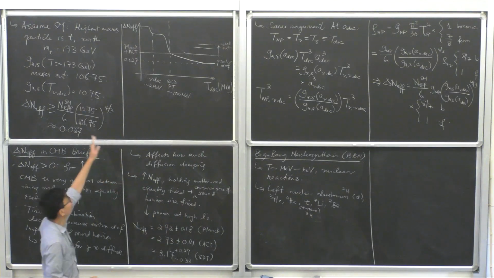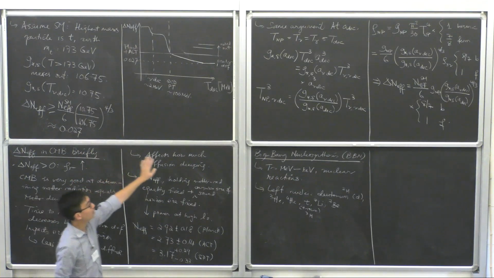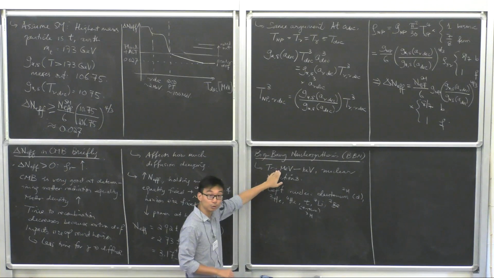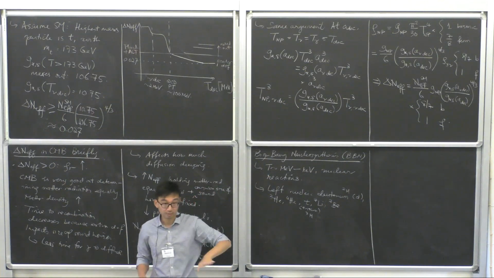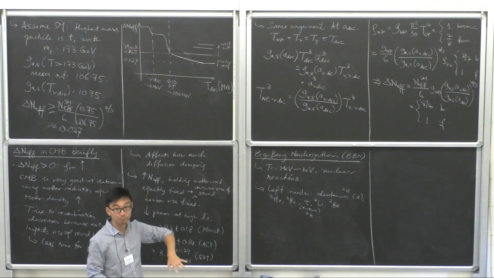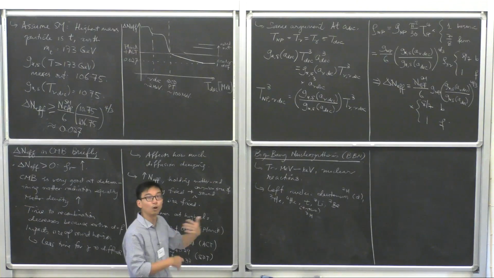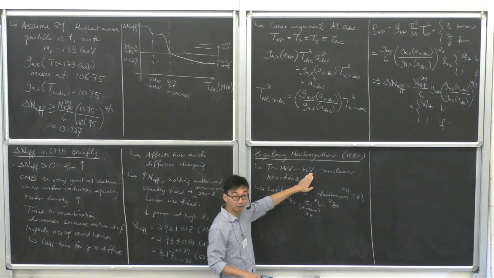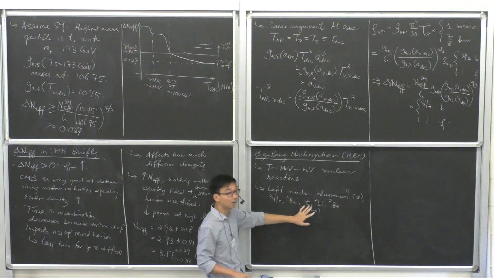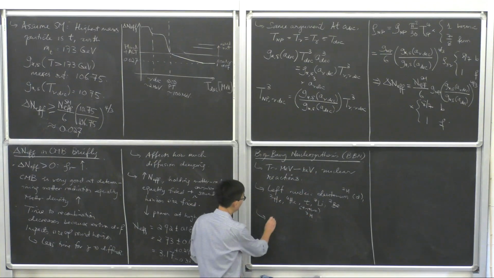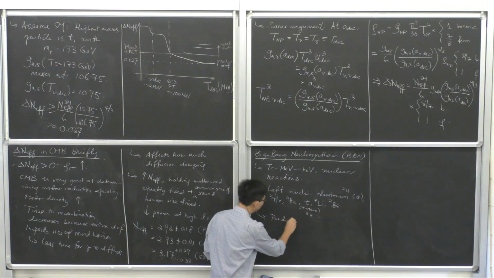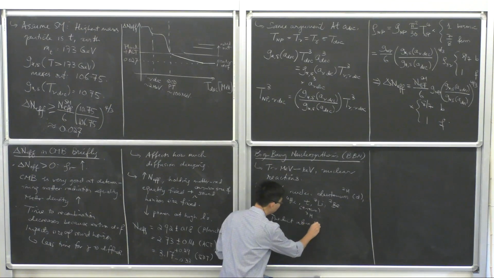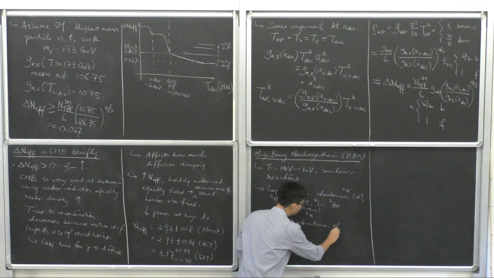Starting from way above these temperatures where everything was just protons and neutrons and they were in equilibrium, which is a nice initial condition that we can start from. And then time evolve everything all the way till all of these nuclear reactions shut off, and then get a prediction of the abundances of these elements.